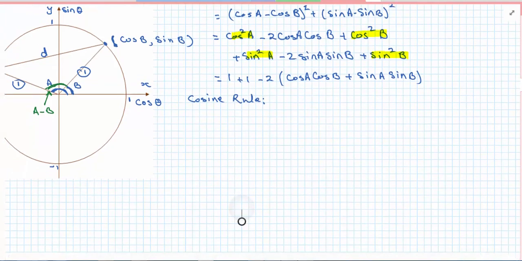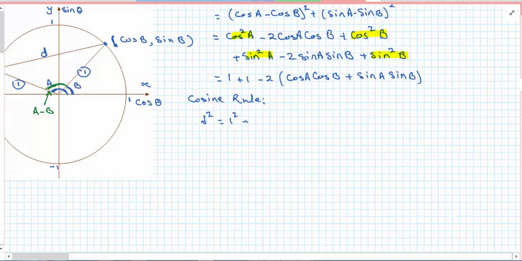Okay, so by the cosine rule, D squared is going to be 1 squared plus 1 squared minus 2 times 1 times 1 times cos A minus B. So that's equal to 2 minus 2 cos A minus B.